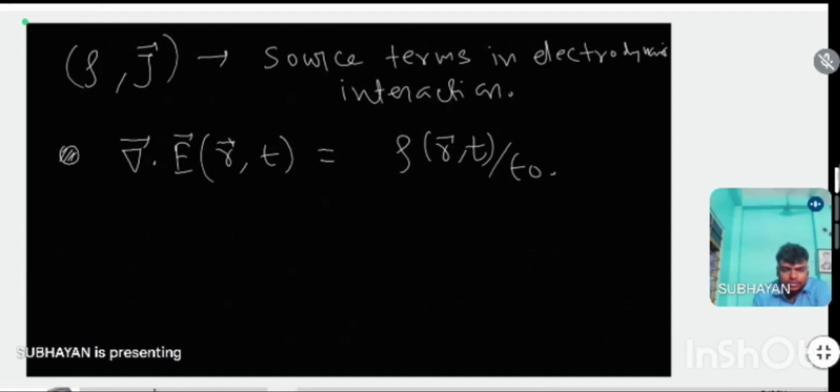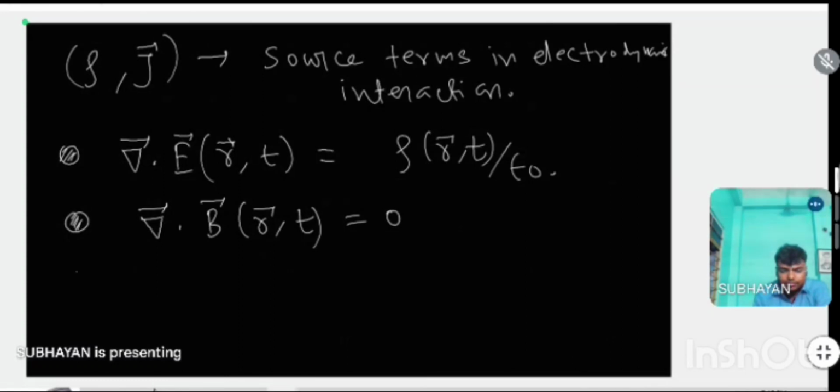And then divergence of B of R, T is equal to 0.